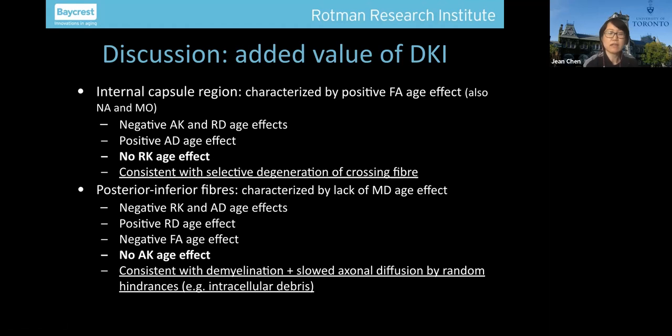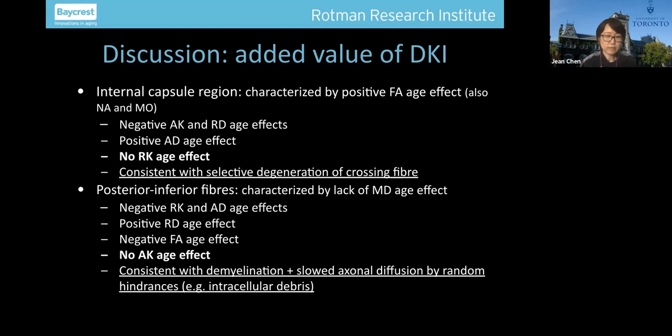And since kurtosis is not changing axially in that region, the pattern of diffusion is still Gaussian. It's not any less Gaussian than it was before. So this is probably indicating whatever's impeding that diffusion has no cellular structure. It's probably debris that are just spread out randomly. So that is the most likely explanation.